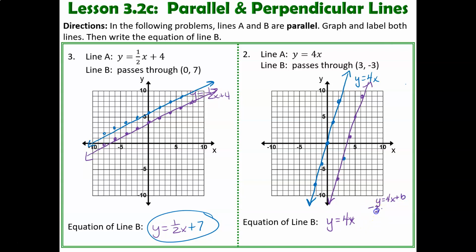So I'm going to put in negative 3 equals 4 times 3 plus b. I'm going to subtract 12 from each side, so b is negative 15. So our equation is y equals 4x minus 15. They have the same slope, but a new y-intercept. If this purple line kept going, it would cross the y-axis at negative 15. And we had to use the point to see that.